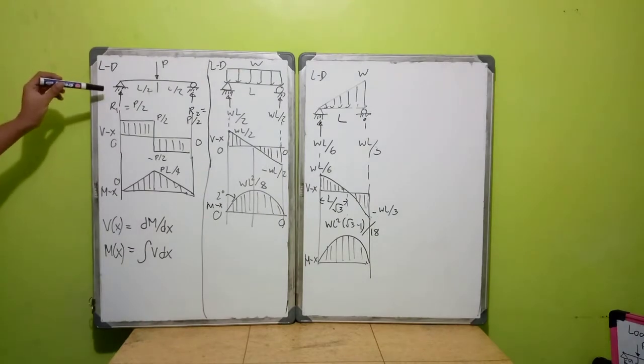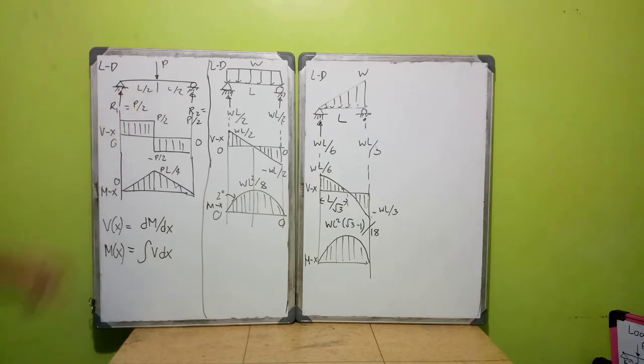For example, this beam is acted upon by a point load at the center. So this is its shear and moment diagrams.